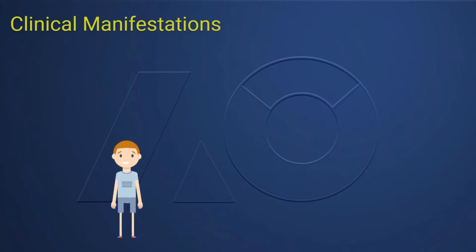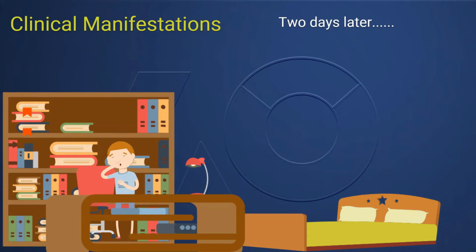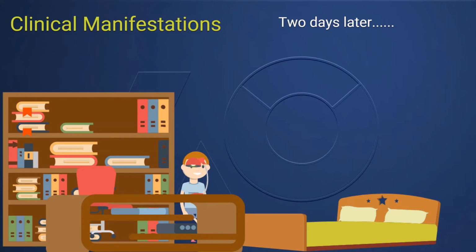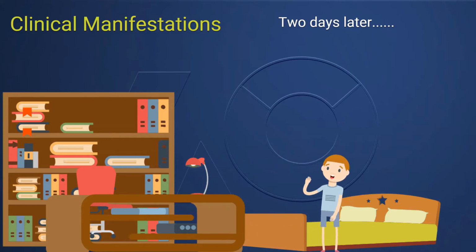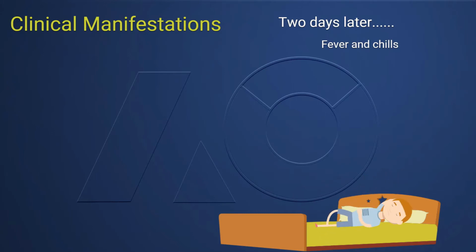After the virus enters the host, it incubates for 1 to 4 days. Then, an abrupt onset of signs and symptoms combining systemic and respiratory manifestations follows. Fever between 100.4 and 104 degrees Fahrenheit, which is equivalent to 38 to 40 degrees Celsius.